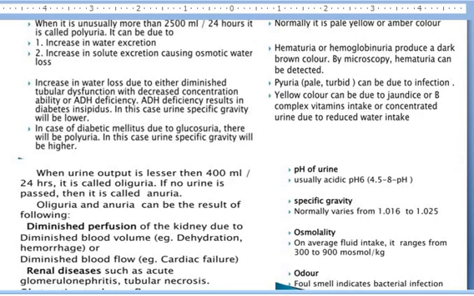And if the urine is dark yellow, it may be because of jaundice or due to vitamin tablet administration.